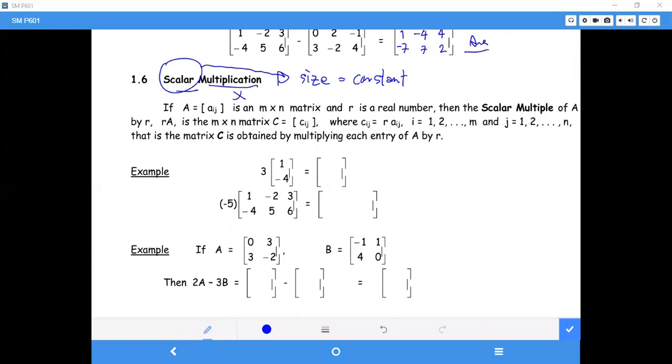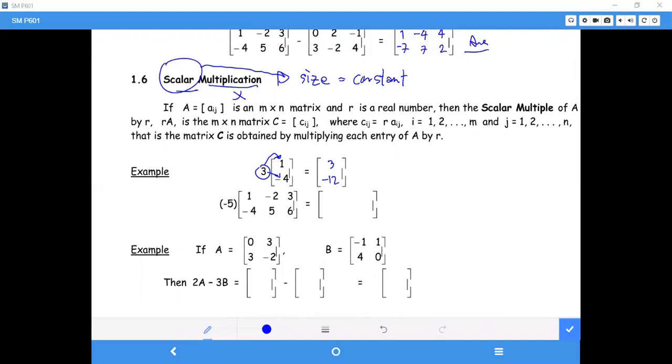So how it works, let's see the example below. Number 3 is the scalar. You want to multiply it with that matrix of 1, negative 4. It has 2 rows, 1 column. So you multiply 3 to number 1, you have 3. And then this 3 multiplied to negative 4 is negative 12. Very easy, right?